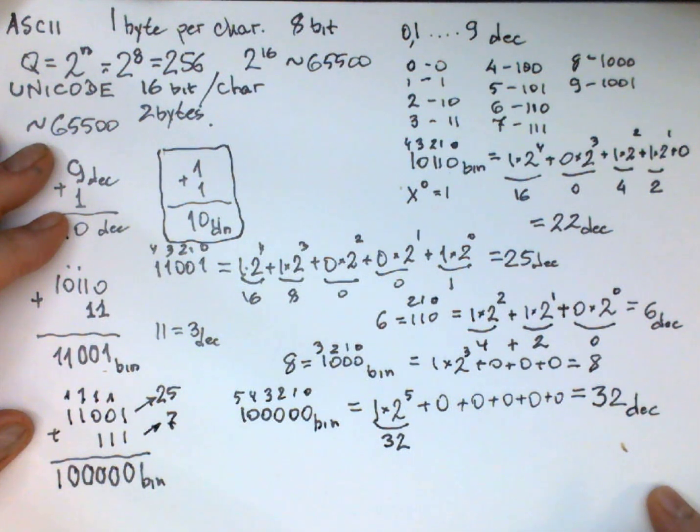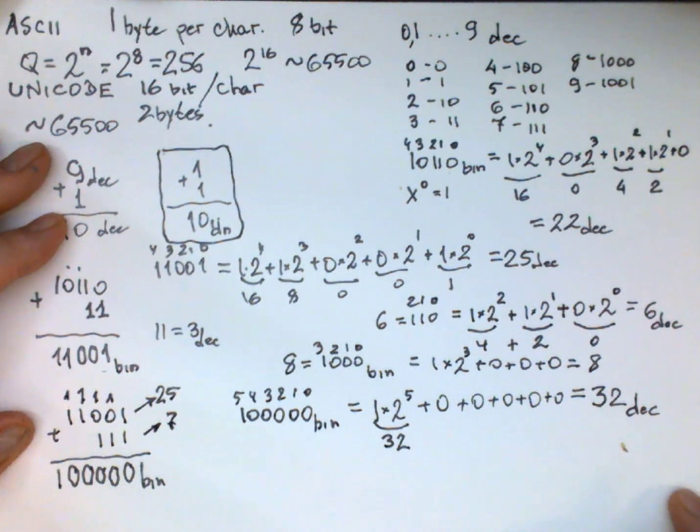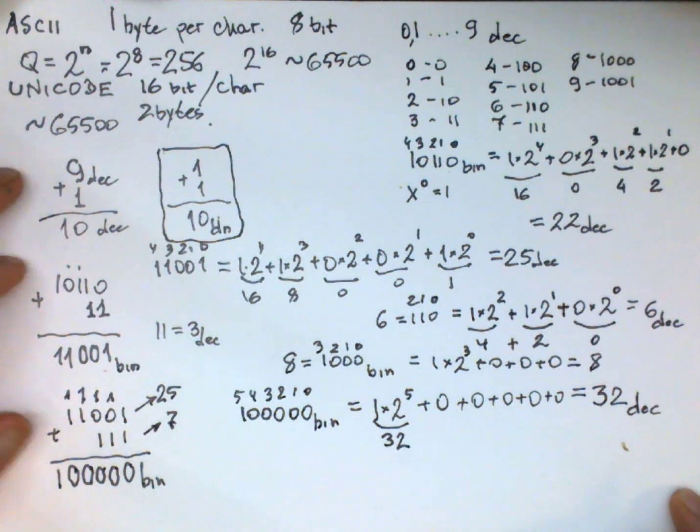That means a computer can calculate, and there is no dependence on the system. A computer can work in the decimal system, in the trinary system, in the hexadecimal system, in the binary system, and always get the correct result.